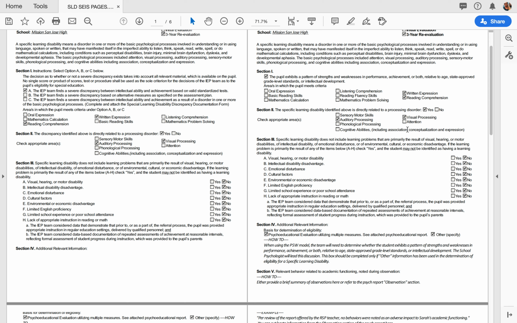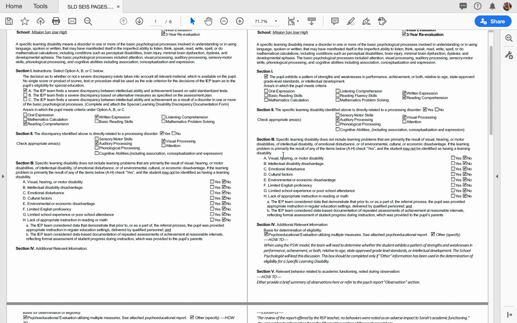In section 3, both here and here, this section addresses exclusionary factors, whereby the team must conclude that SLD is not the result of learning problems that are primarily the result of visual, hearing, or motor disabilities, of an intellectual disability, an emotional disturbance, or of environmental, cultural, or economic disadvantage.